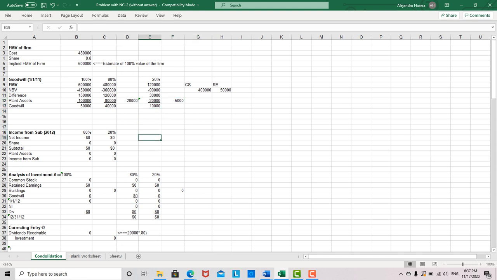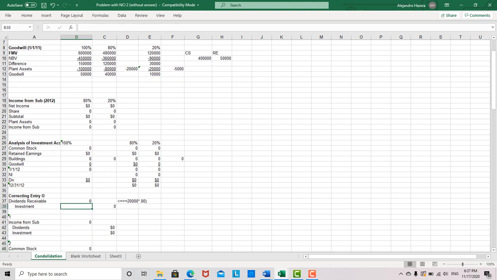Okay, now let's go down to net income. This is something that I've been trying to emphasize: the best place to get your net income, your dividends, and your beginning retained earnings is the subsidiary's financial statements on the worksheet. They're complete.